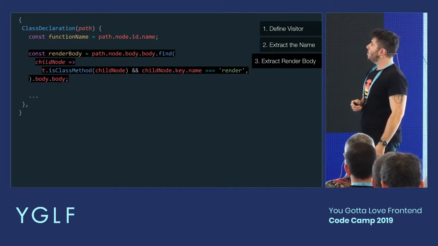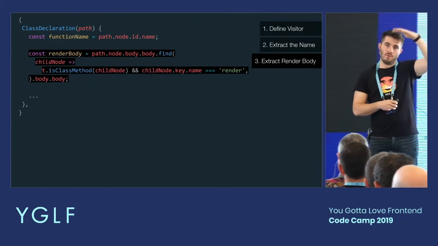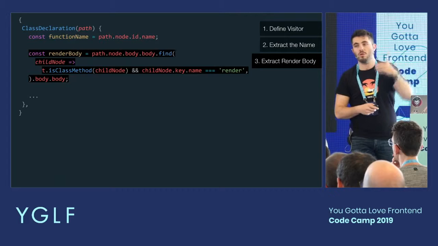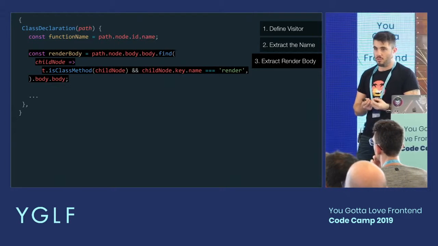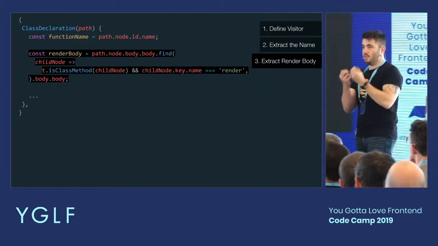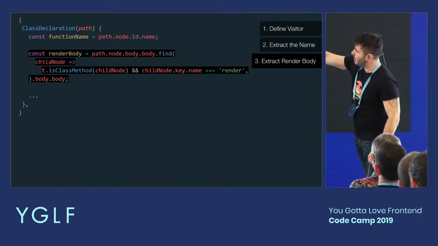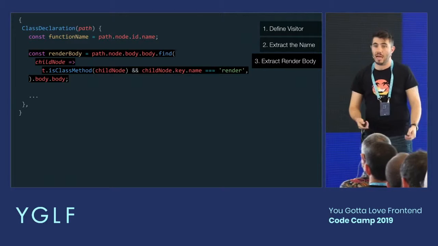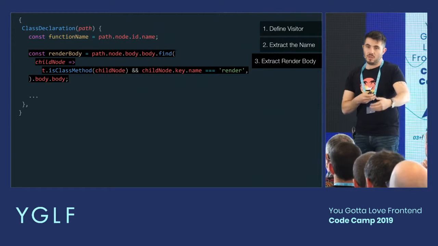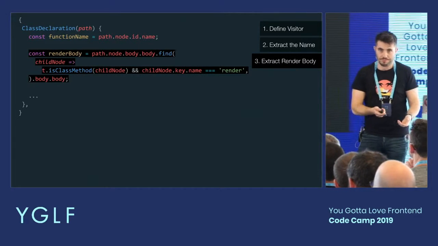So next, we will traverse the class body in order to find the render function, right? Because we need to extract the JSX returned from it. Okay, so we will use the t dot, there is a reference to Babel types, and we will use it in order to identify class methods.